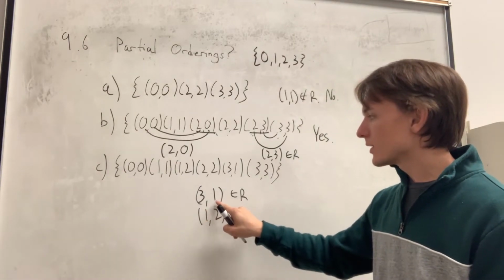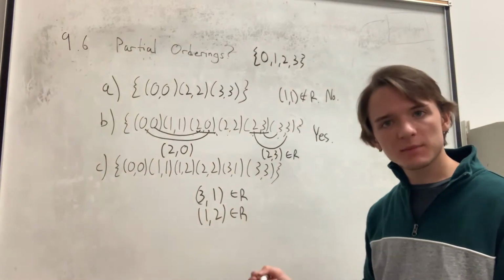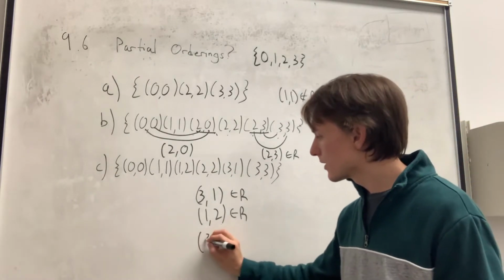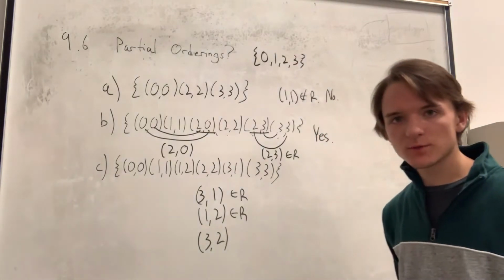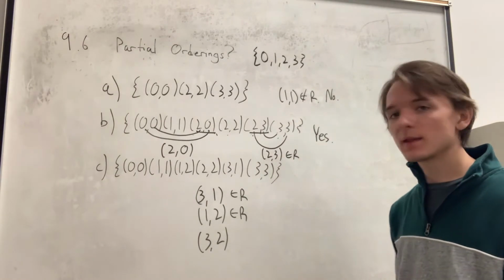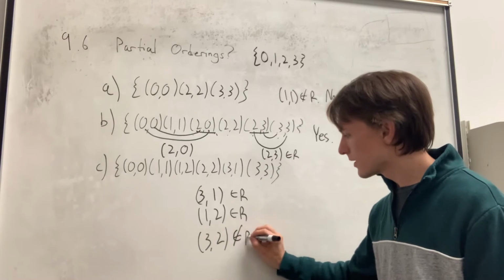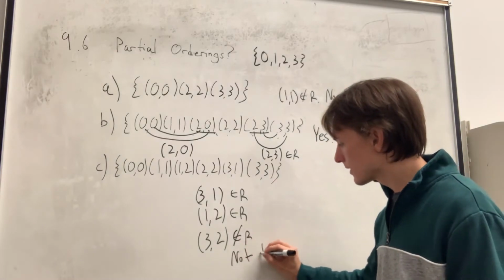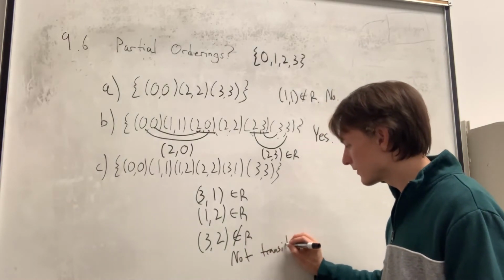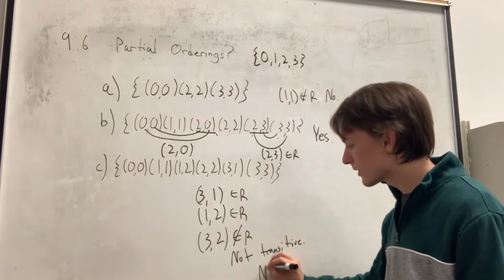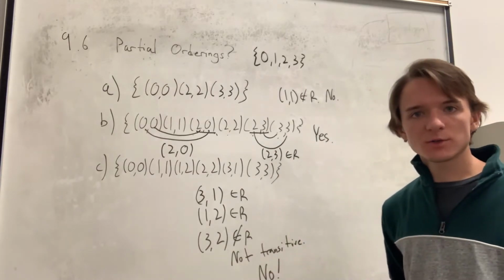We have that this 1 pairs up with that 1, so that means we should have (3, 2) also in our relationship if it's transitive. But we don't. So it's not transitive, therefore not a partial ordering.